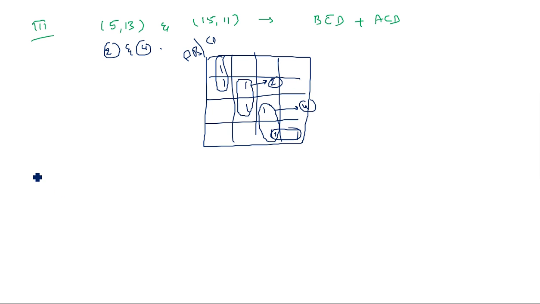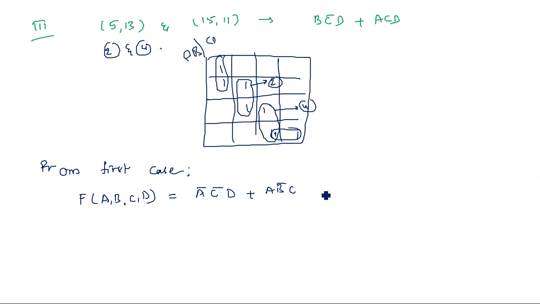Okay, so from the first case, the expression is f of A B C D is equal to A bar C bar D plus A B bar C. These two are essential prime implicants which are common in all the cases, plus A bar B C bar plus ABD.